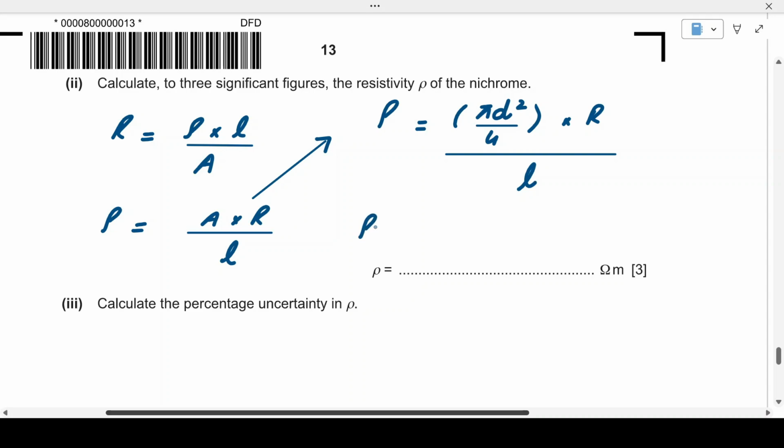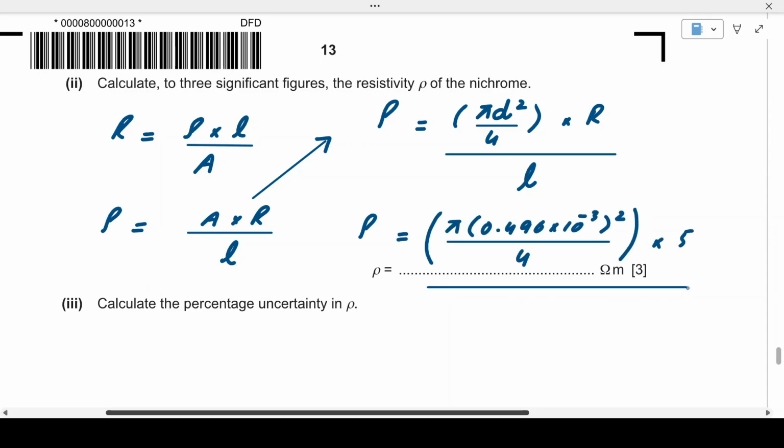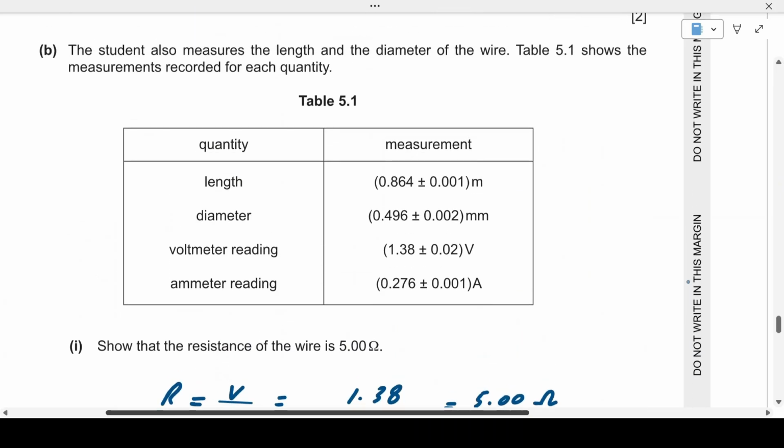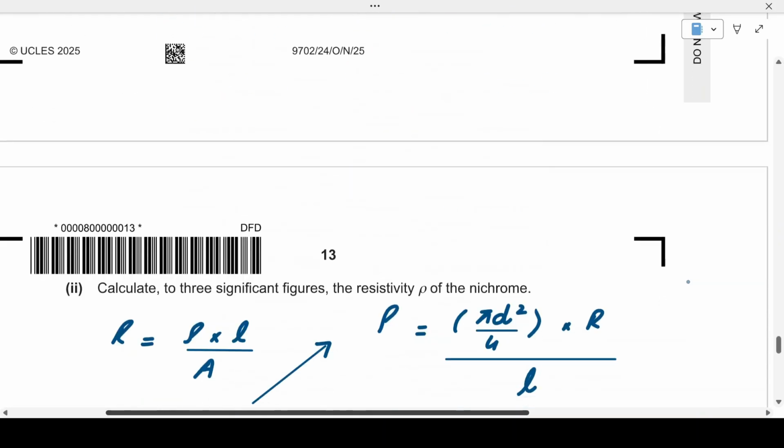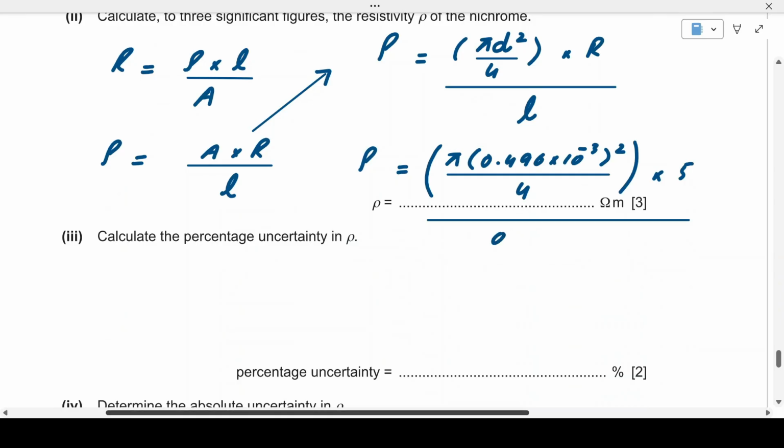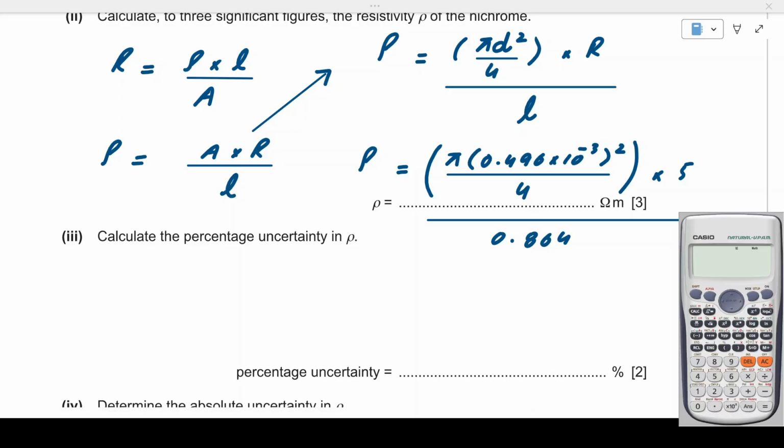In the next step, we insert the values in the formula. This whole thing divided by the length of the nichrome wire is 0.864. So I'll write this one exactly in the same way on the calculator.